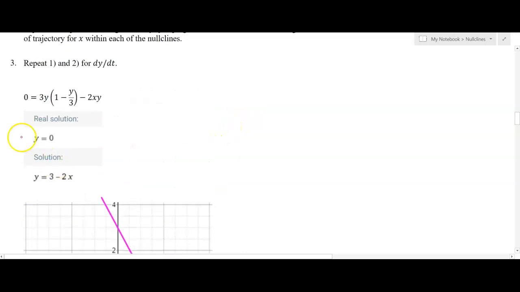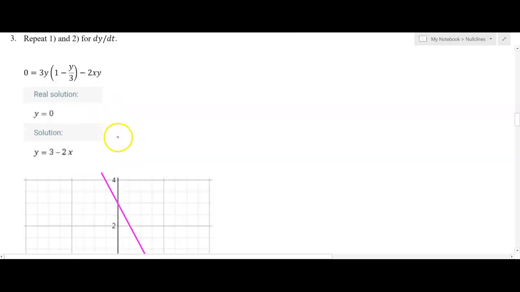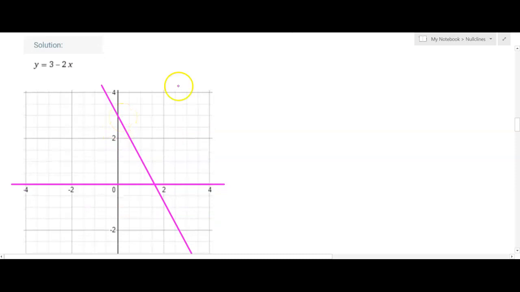And once again, the thing that we should realize is if we plug in 0 for y, the right-hand side will be 0. If we plug in 3 minus 2x for y, the right-hand side will be 0. So anywhere along the pink nullcline, dy/dt equals 0. So what does that mean? Well, dy/dt of a vector either points up or points down.